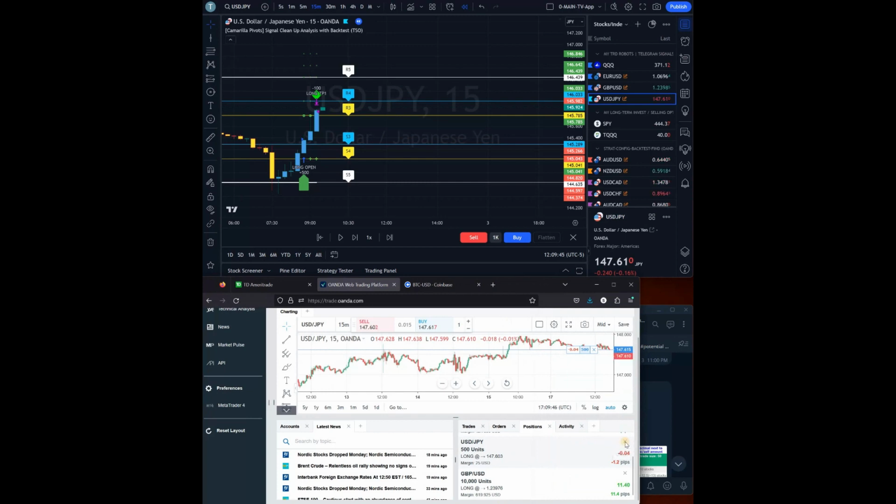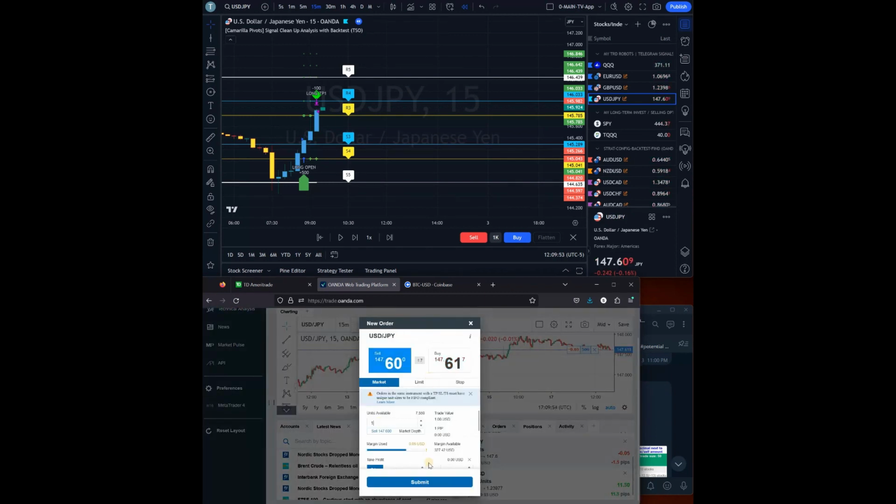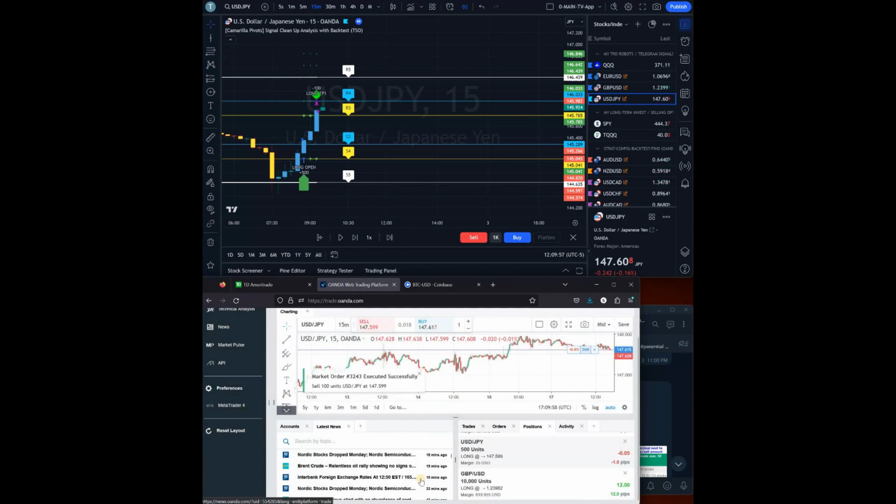So we're not going to close, just reduce it. Basically, sell 100 units. And let's sell. Okay, successful. There you go. Our position is now 400 units. Same way you can see, 500 minus 100.